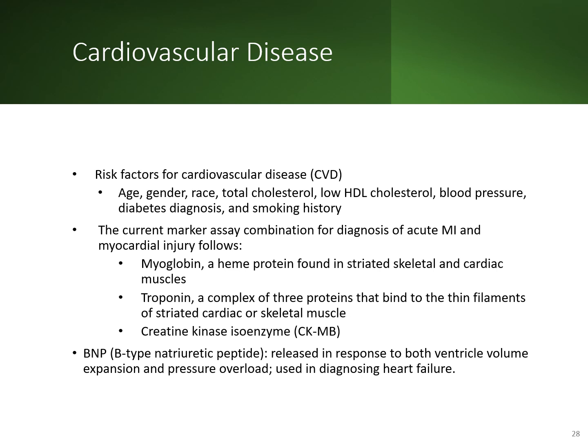Cardiovascular disease, again, can have several risk factors that are very similar to the previous. These markers to assess whether a patient has had any sort of heart injury or heart attack include myoglobin, which is the heme protein found in the striated muscles of the skeletal and heart muscles, troponin, which is also found in the thin filaments of the striated cardiac muscles and skeletal muscles, and CKMB, which is more specific to the heart muscles.